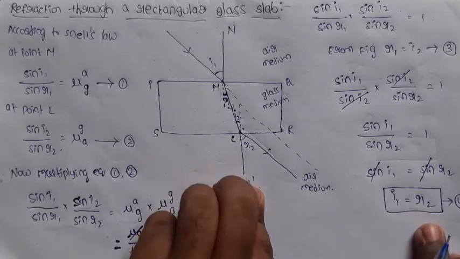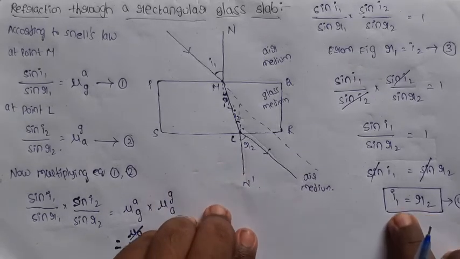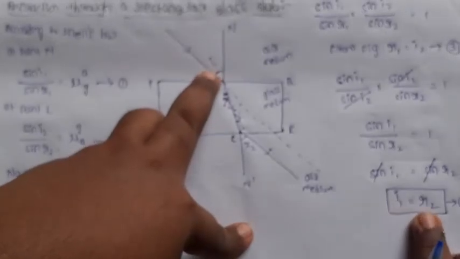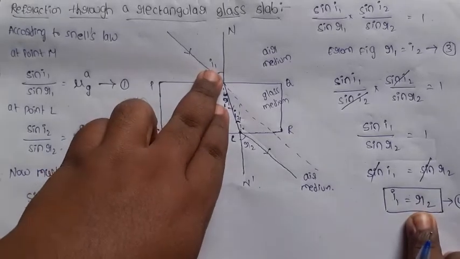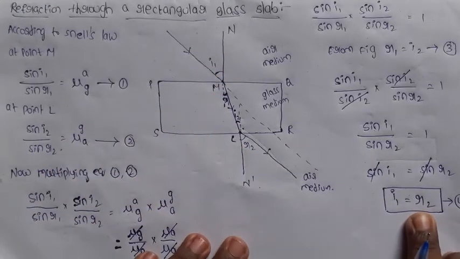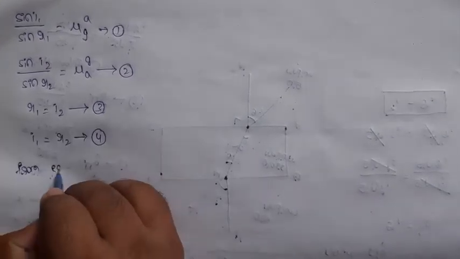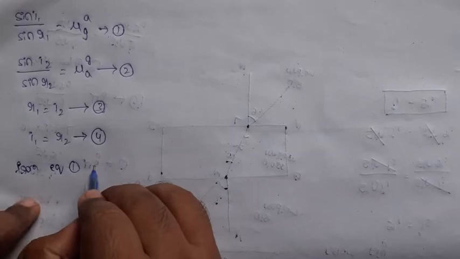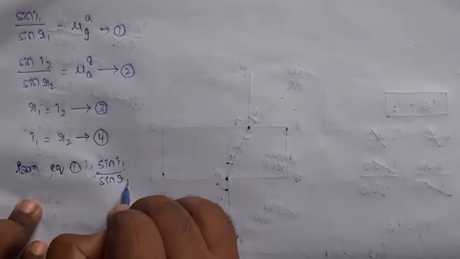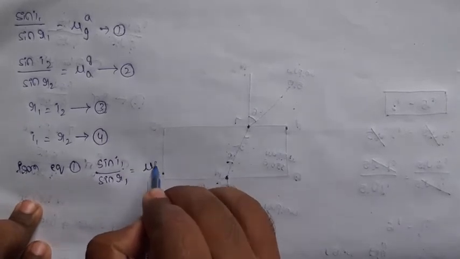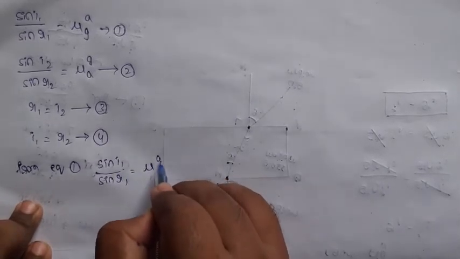From the fourth equation, what are we understanding? Angle I1 is equal to angle R2. Both are equal to each other. Now I am taking equation 1: sin of I1 by sin of R1 equal to mu AG.